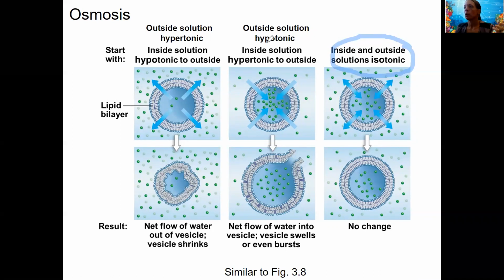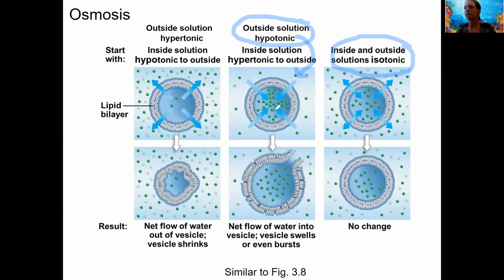Isotonic. What happens if we have something that is hypertonic? Actually, let me undo that. The outside is hypotonic. So there's low concentration of solute outside. The inside is hypertonic. So this is a relative thing. Typically you talk about the solution you're putting something into.